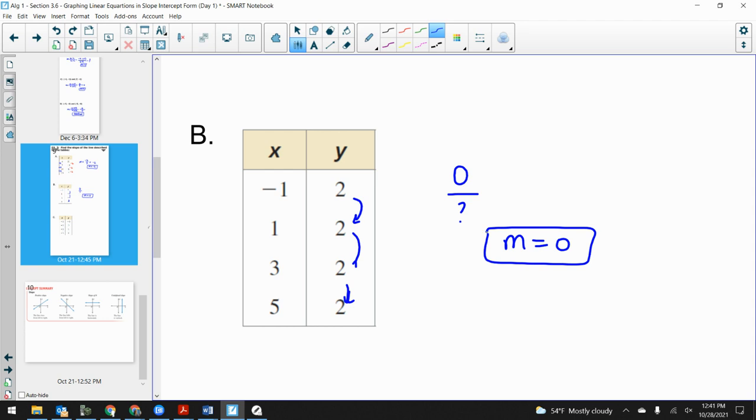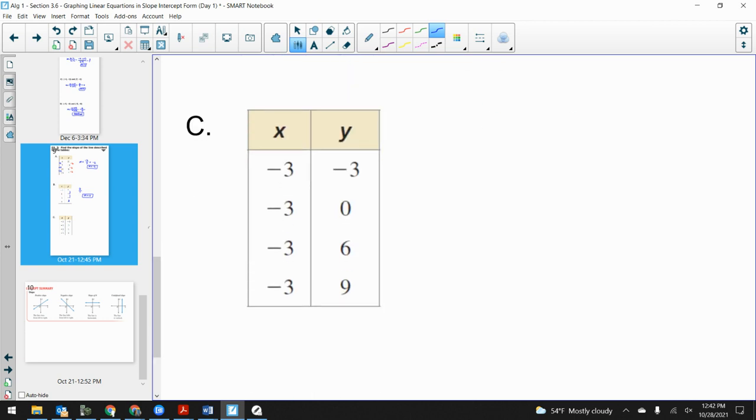In contrast to that, now I see that there's no change in my x values. So this is something, I don't even need to look at my y values, divided by 0, which makes the slope what? Undefined.